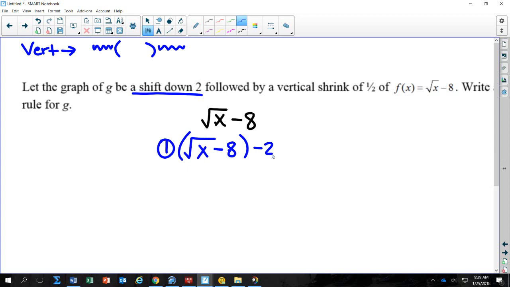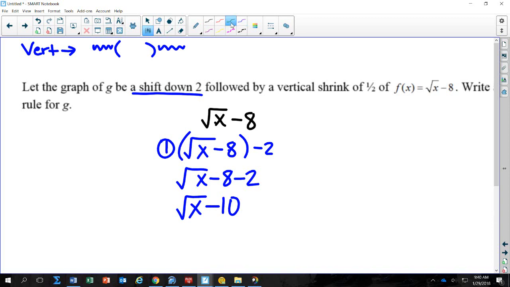It's not multiplication. All I'm doing is subtracting 2 from 8. So really you can see how a shift up or down, you really don't need to put the parentheses in the problem. So this would be, oops, I accidentally put a negative in there with it. That's not right. All right, so I have the square root of x minus 10. Right, that would be my shift down 2. I'm just subtracting 2 off the end.